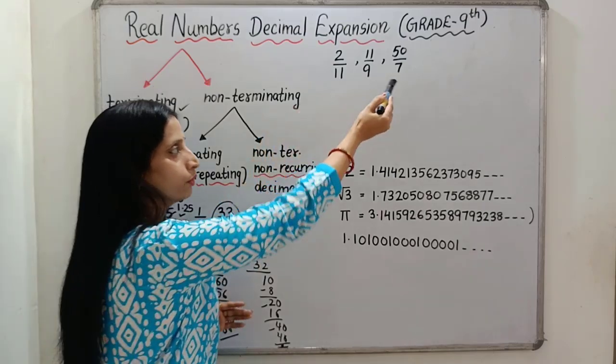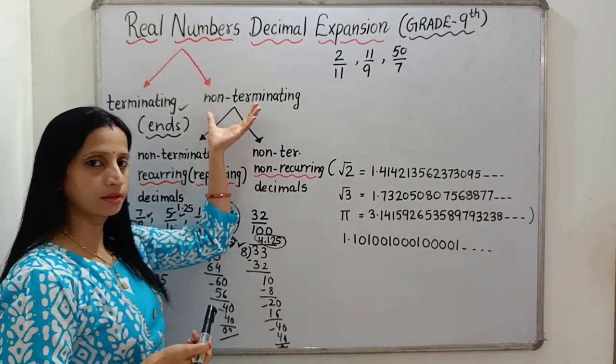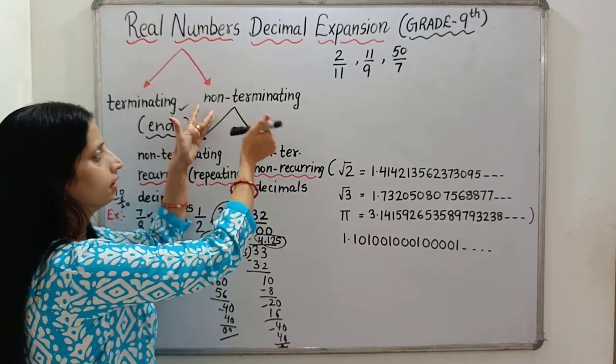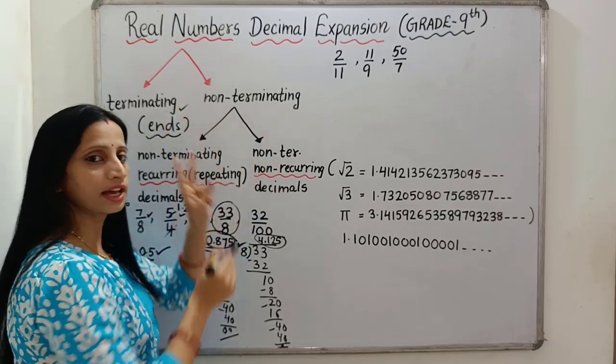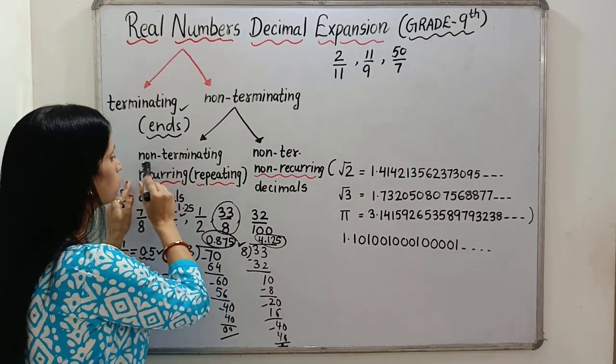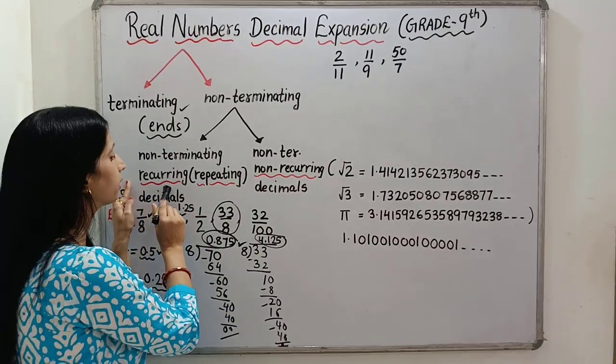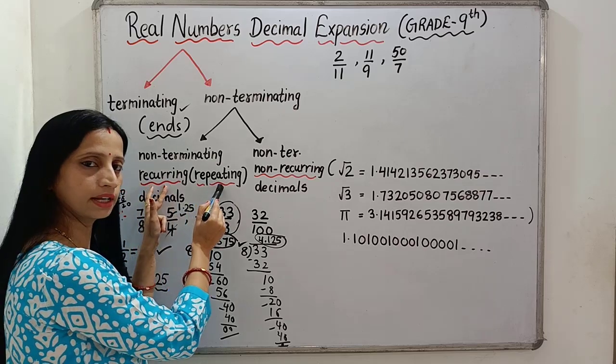We will do a few examples, then only you will get to know about this term. Then again, this non-terminating can further be divided in two parts. So this one is non-terminating recurring, or repeating, decimal. What do you mean by recurring? Recurring means repeating.